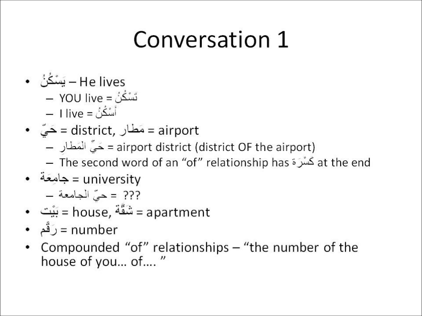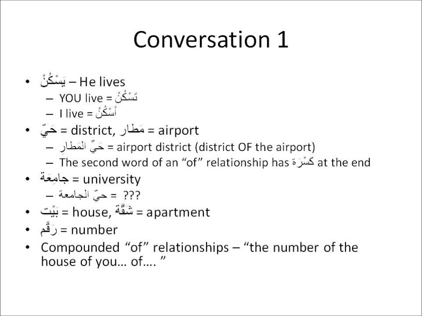Bayt means house, and Shaqqa means apartment. Raqm means number. So now, when Ahmed asked, ما رقم شقتك? He is compounding the of relationships, because we have raqm, we have shaqqa, and we have the pronoun ka. So that's 3 words.